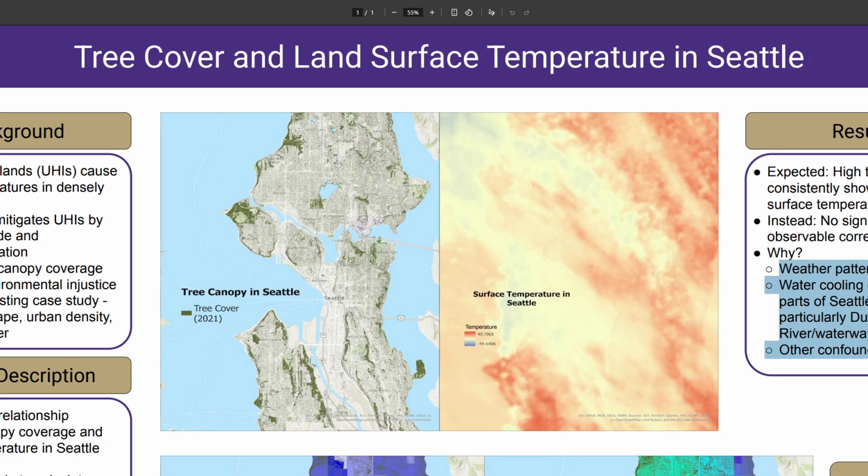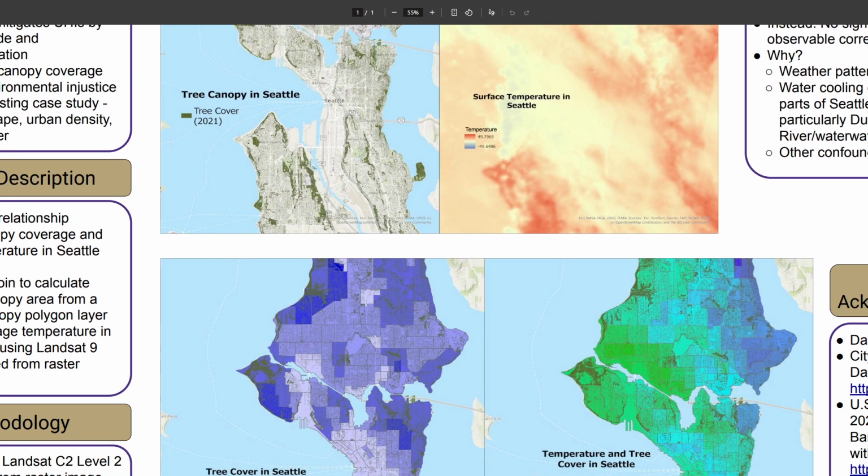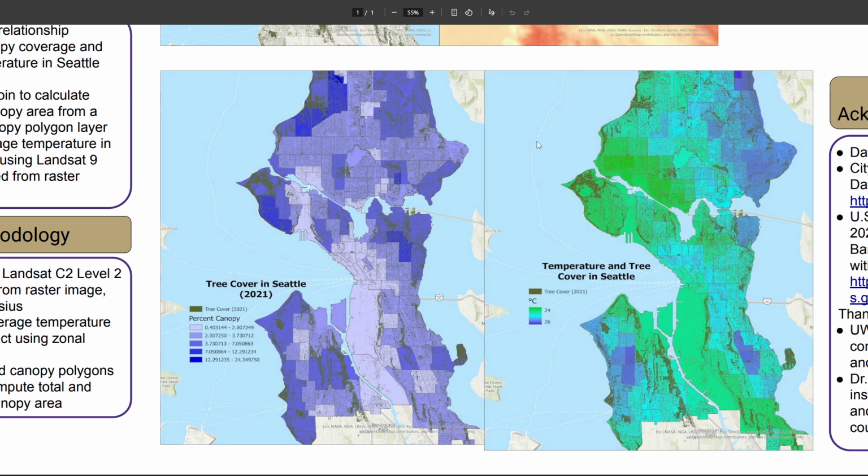I identified a few ideas here. Some of it could be wind. It's quite possible there's a sort of wind corridor in here coming up through the bay or up the cut, which might have wind that would cool things down. But my biggest guess is that it's the water, right?